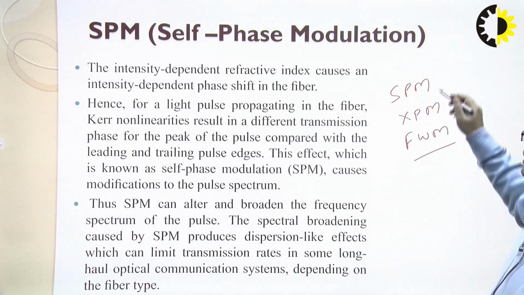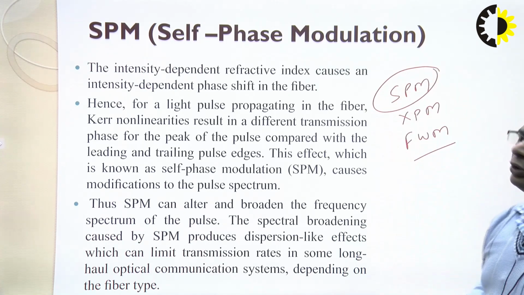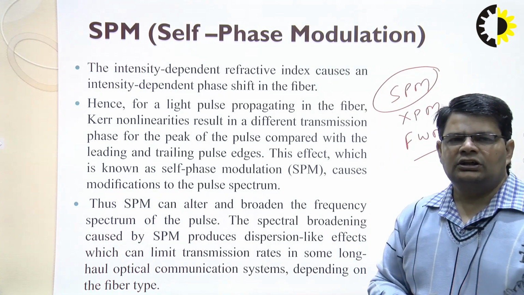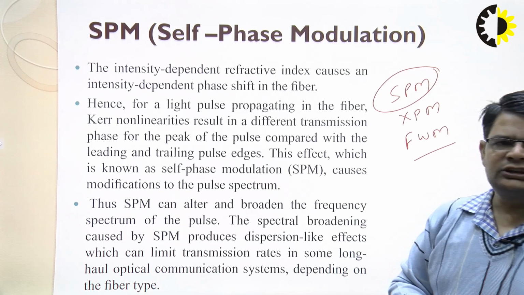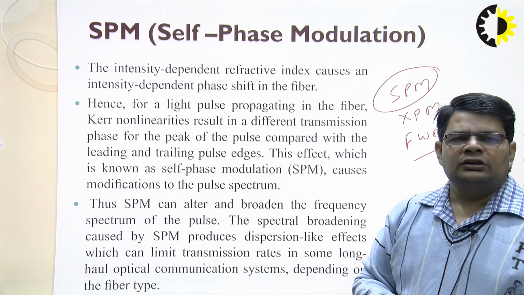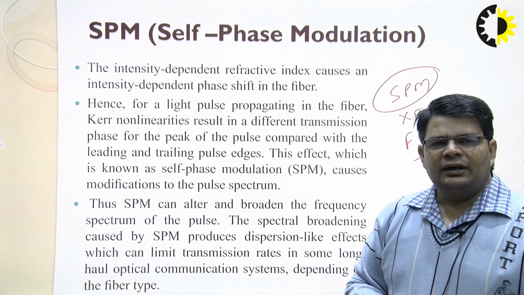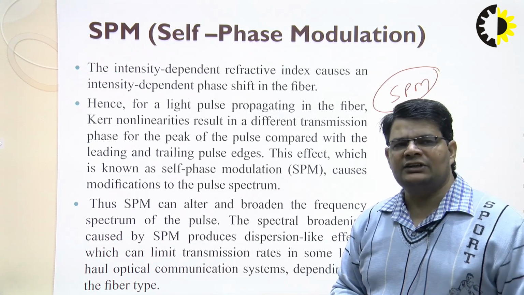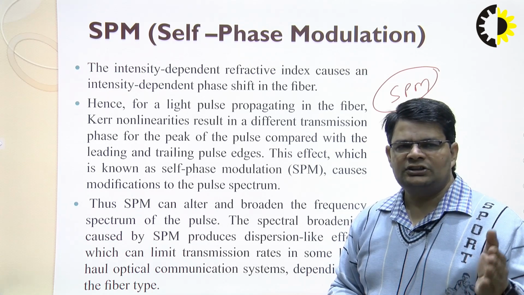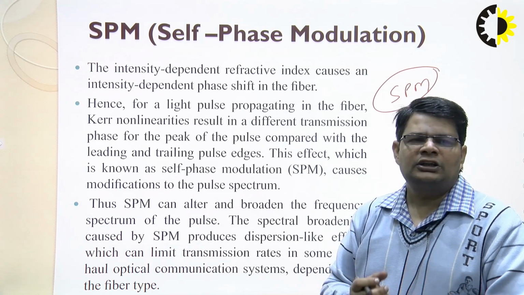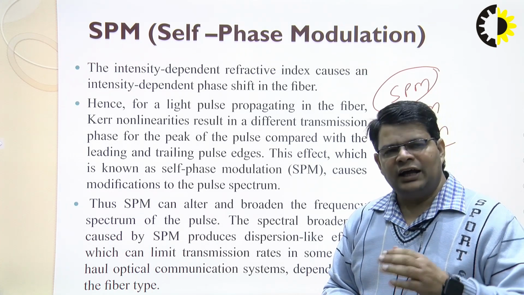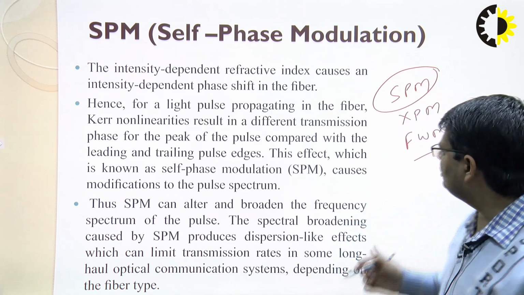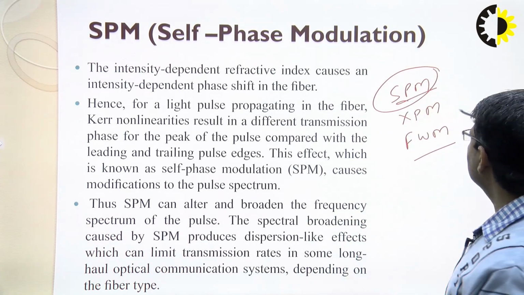In the case of SPM, that is self phase modulation, the signal which is responsible for the change in the refractive index of the material has its own phase changed. That is, the signal responsible for the change in the refractive index, that signal's phase is changed. So that's why it is known as self.